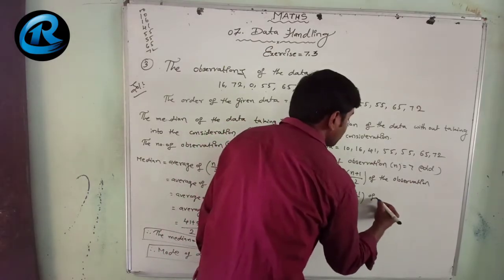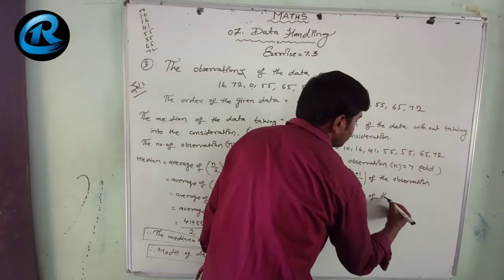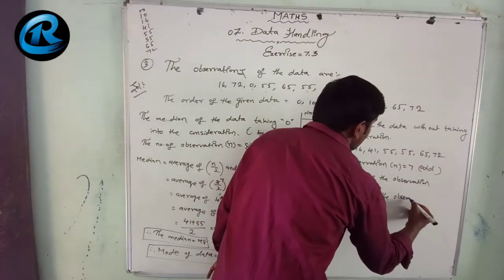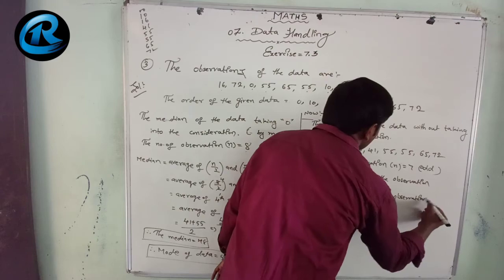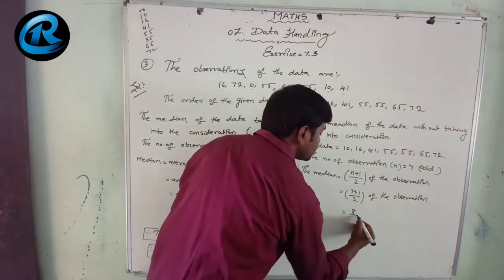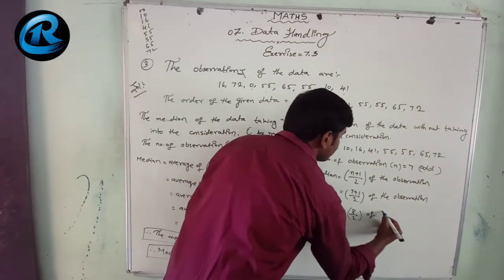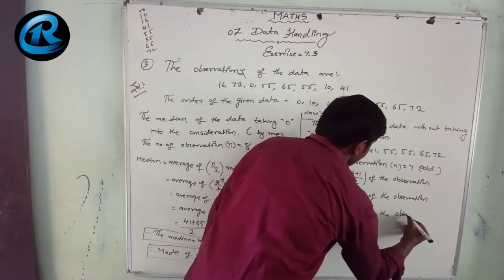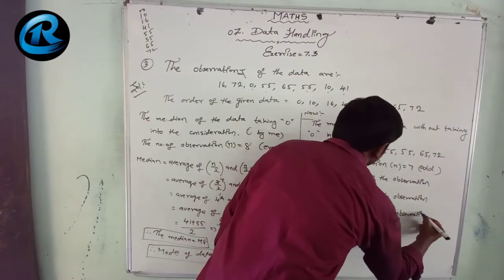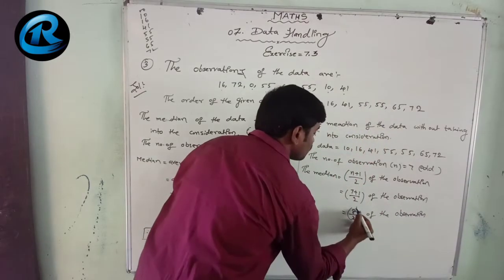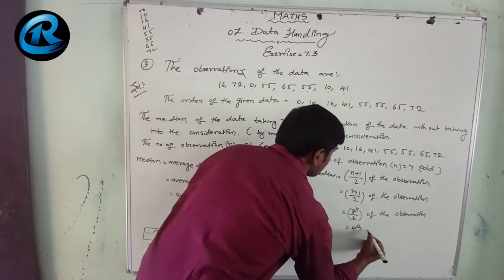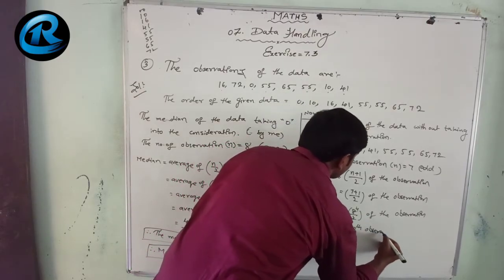So (7 plus 1) by 2 th observation. 7 plus 1 is 8, 8 by 2, 2 fours are 8, that is the 4th observation.